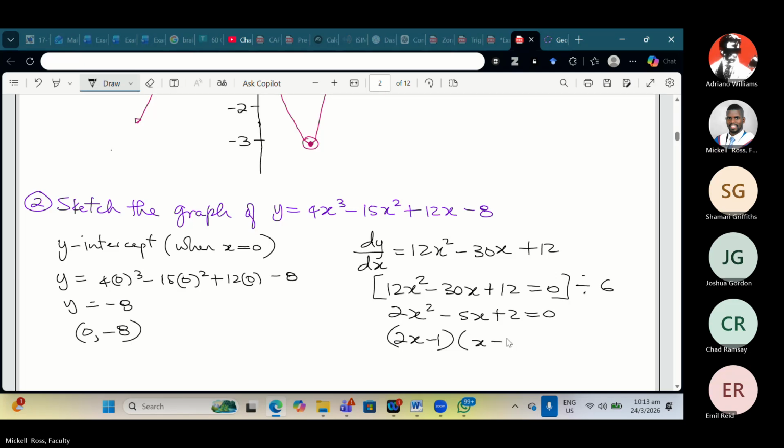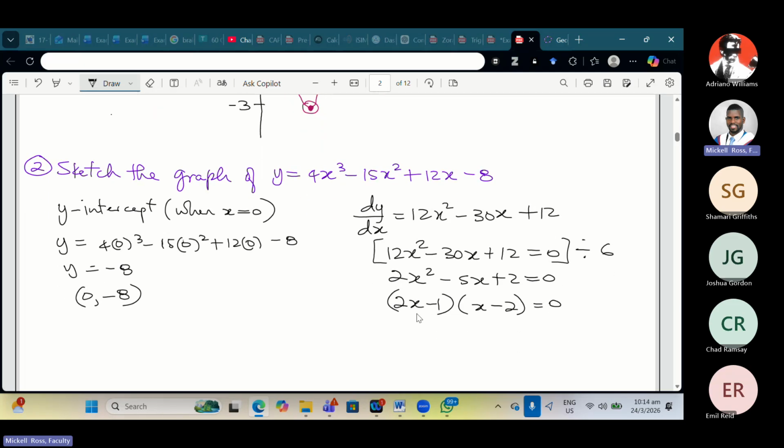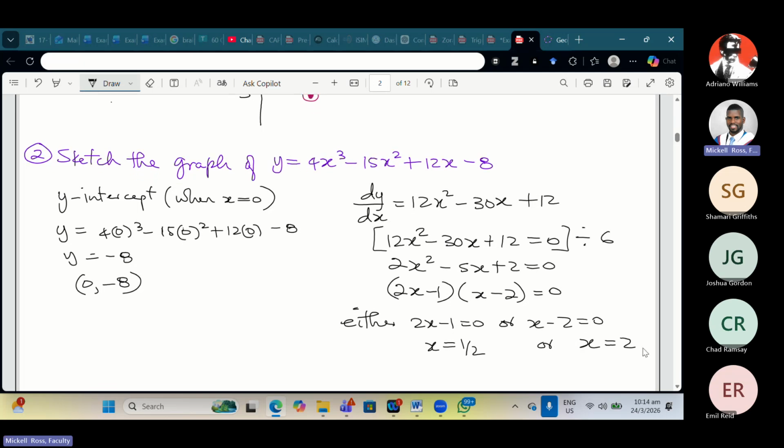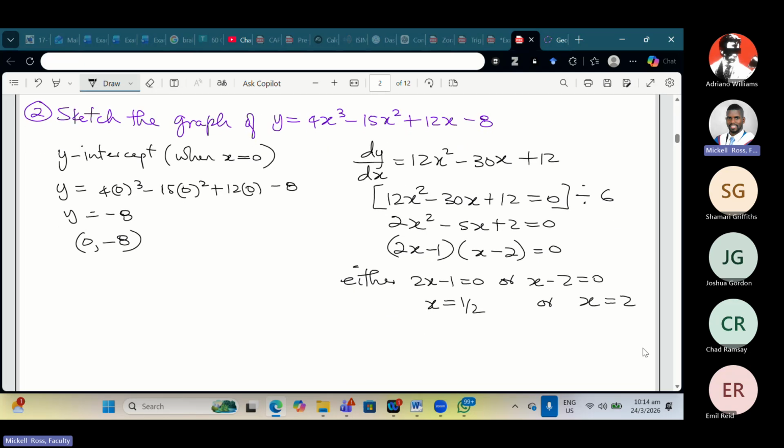So we're going to find that either 2x minus 1 is equal to 0 or x minus 2 is equal to 0, which means that x is equal to a half or x is equal to 2. Now, these are the x values for the stationary points. So you need to go ahead and find the y values for the stationary points, which means that you're going to substitute each of these values of x into the equation. All right.